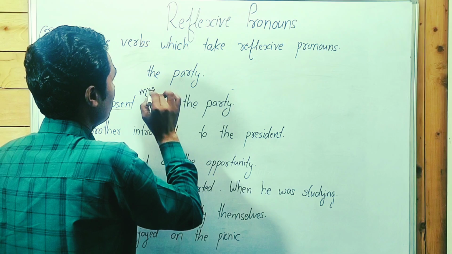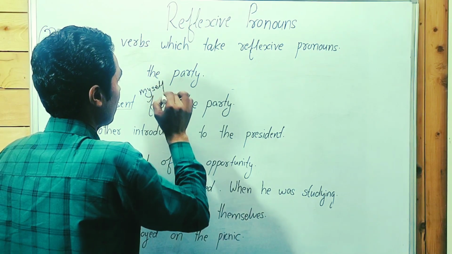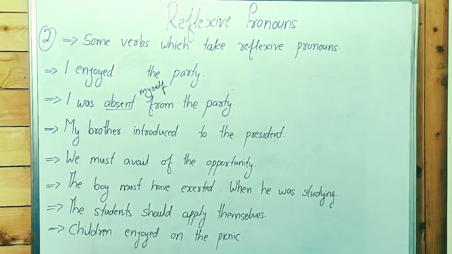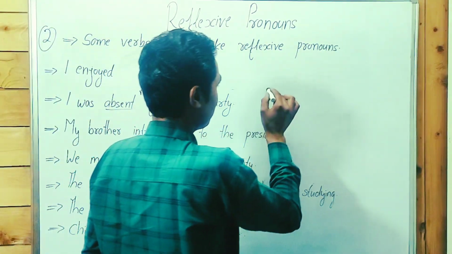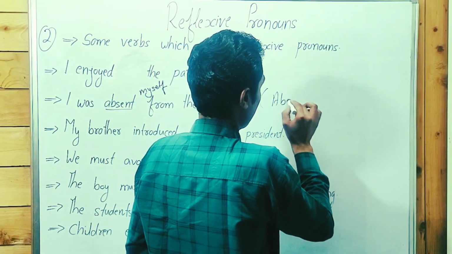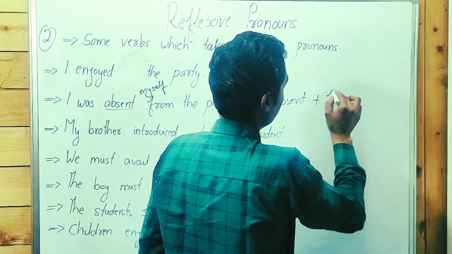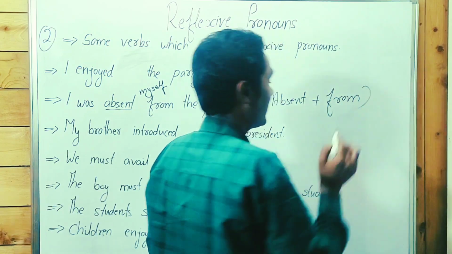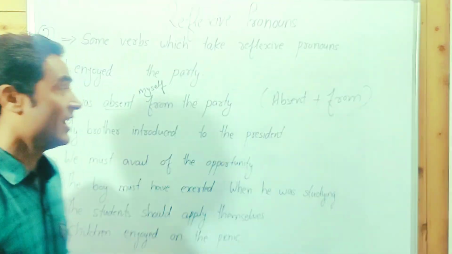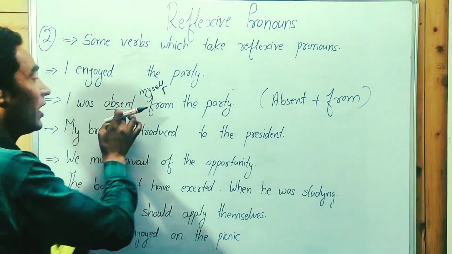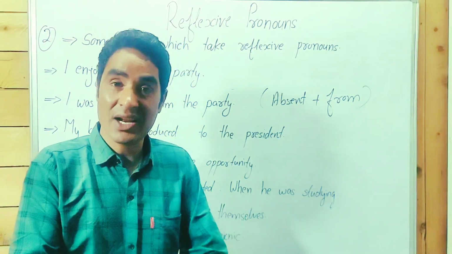We have to write myself from the party. Guys, point to be noted here, fixed preposition: absent plus from. I haven't taught you about prepositions yet. So here with absent there is a fixed preposition from.